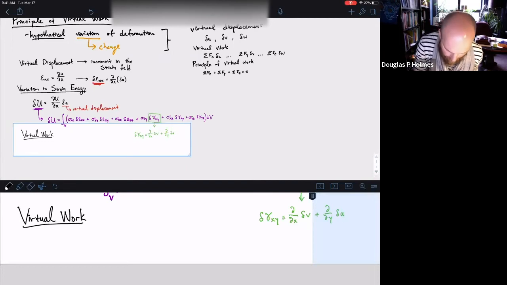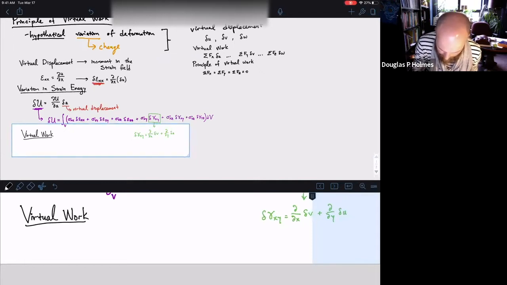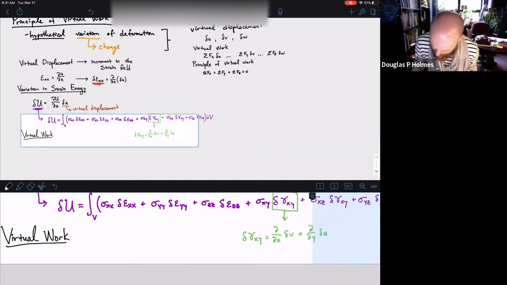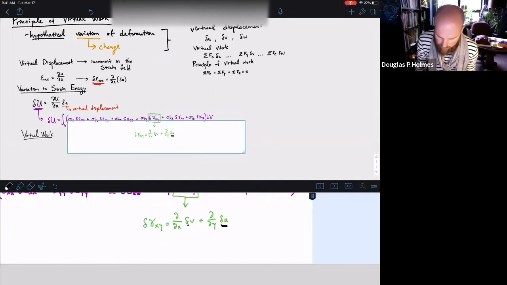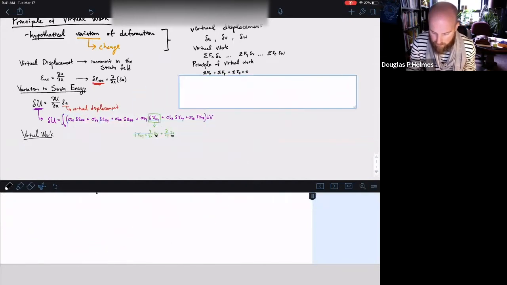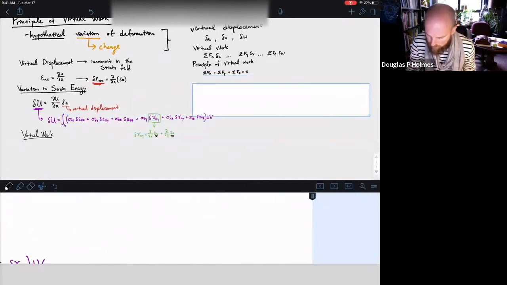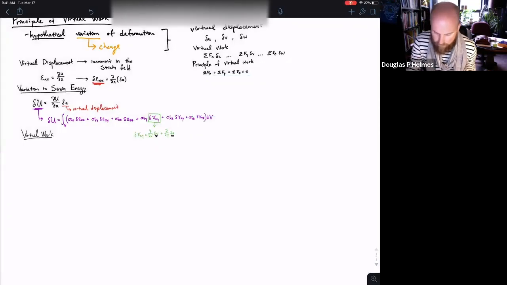I think that's referring to this thing here. These are the virtual displacements. This is the part that always trips people up. So let me draw something over here.